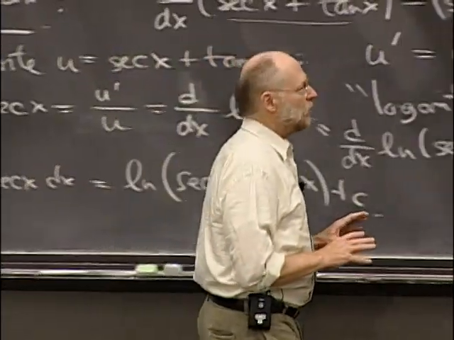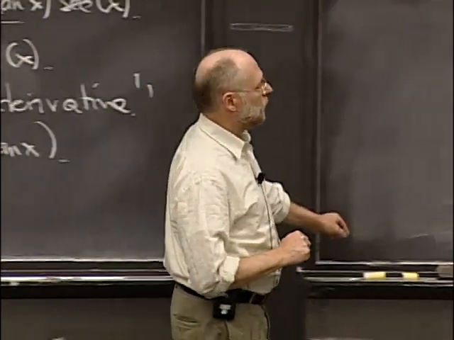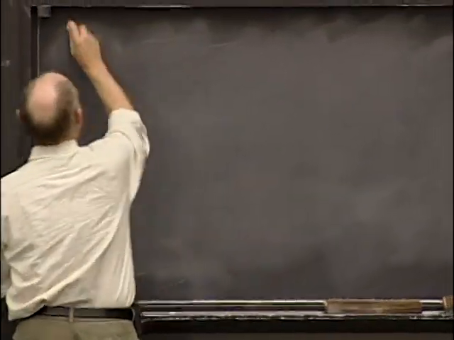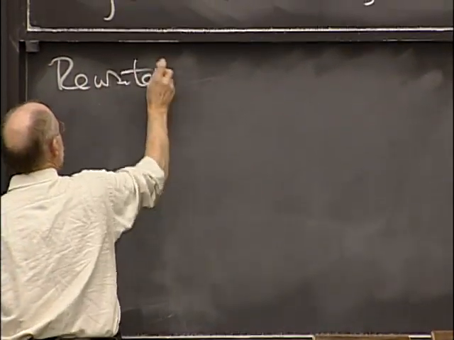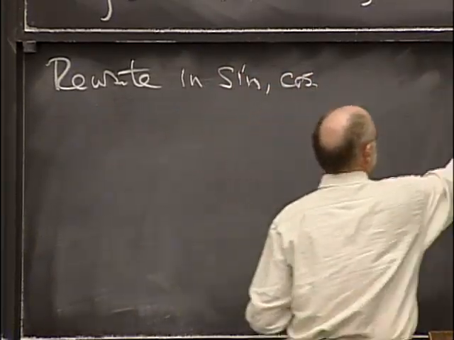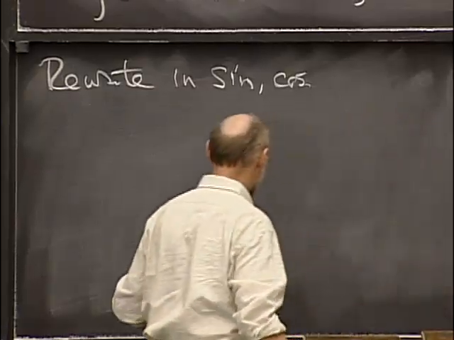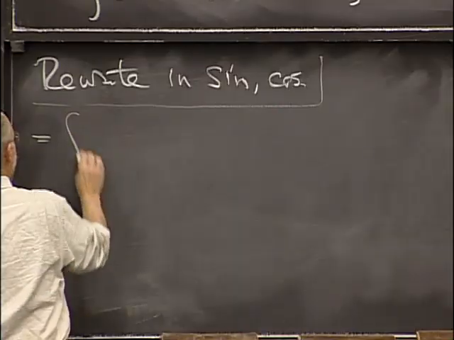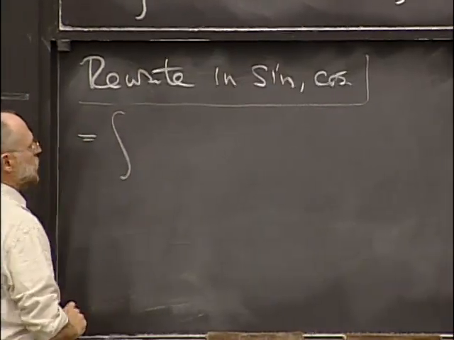A systematic thing to do here is to put everything in terms of sines and cosines. Unless you can see right away how it's going to simplify, a systematic thing to do is to rewrite in terms of sines and cosines. So let's do that.